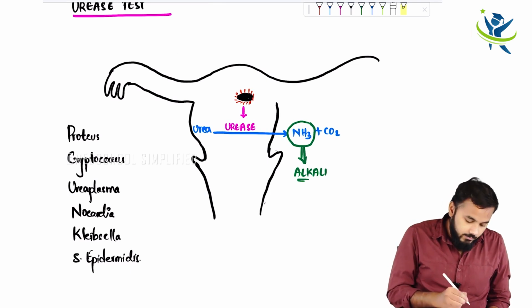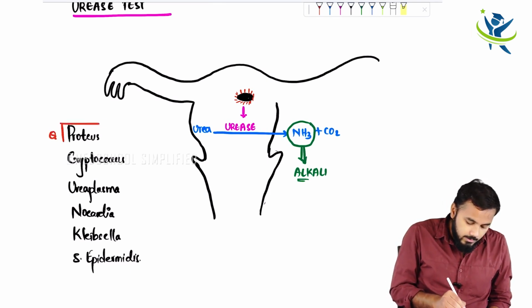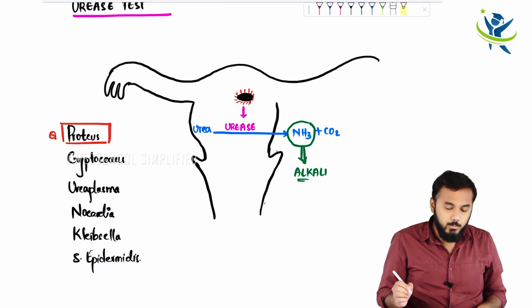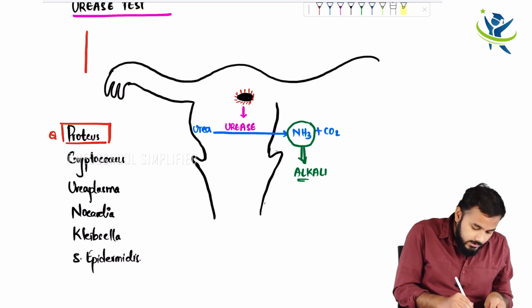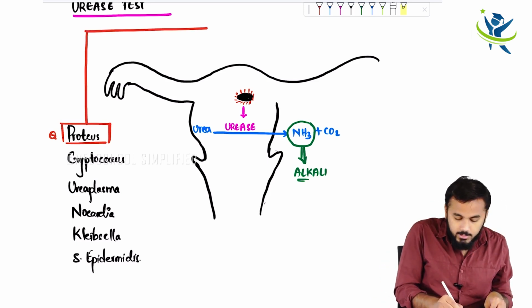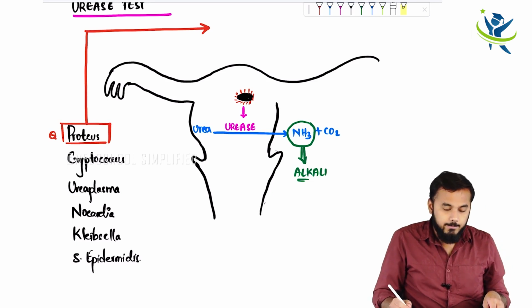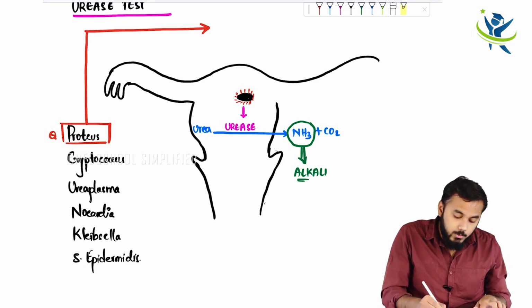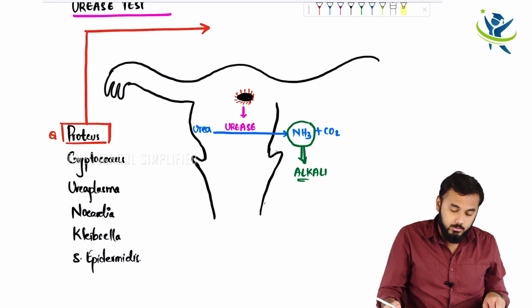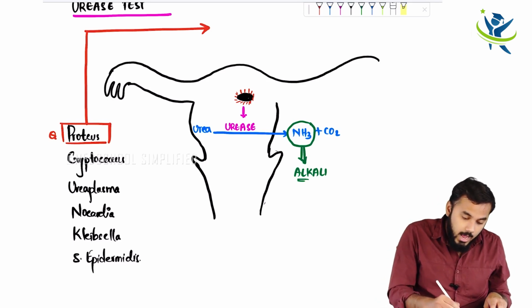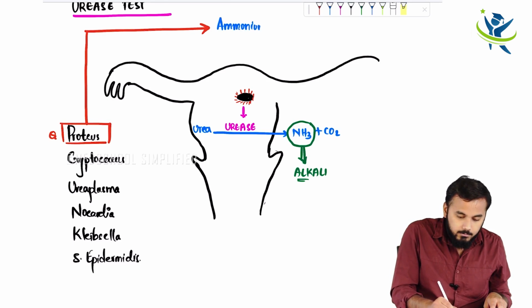One very important thing from the MCQ point of view is about Proteus. This Proteus is also responsible for causing some stones, and these stones are made up of ammonium magnesium phosphate.